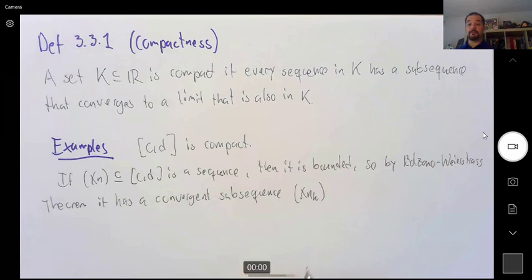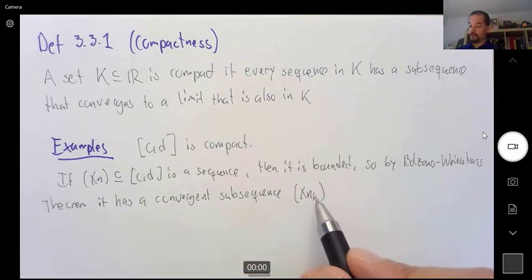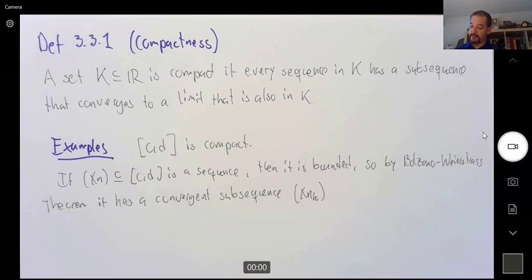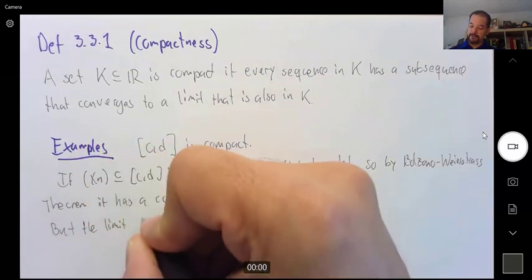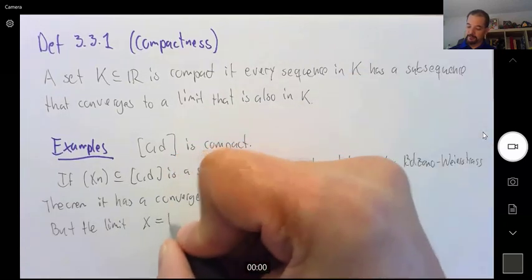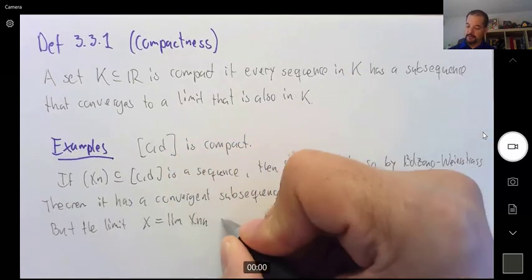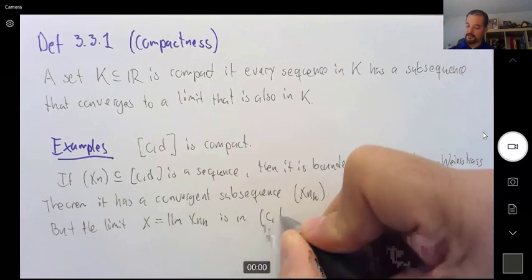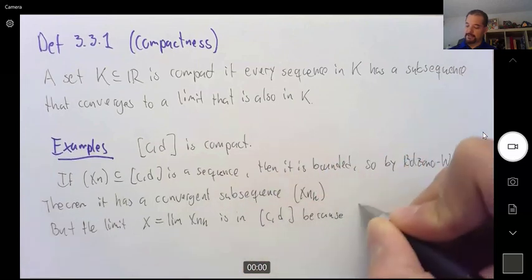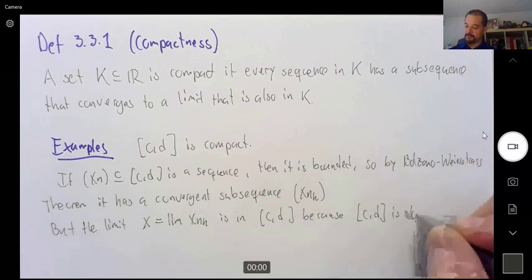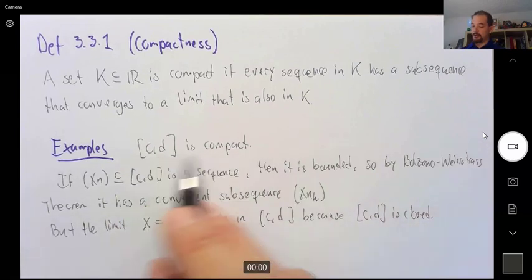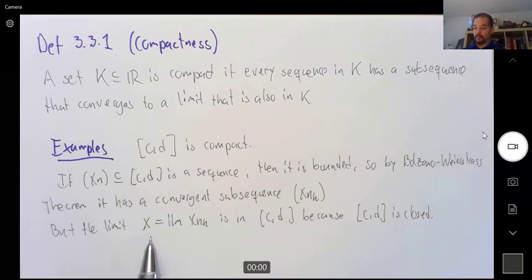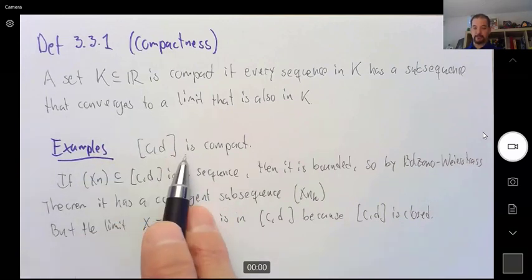And then for this convergent subsequence, the only thing we need to show is that the limit also belongs to [c,d], and that's easy. The limit x = lim x_{n_k} is in [c,d] because [c,d] is closed. Remember that a closed set contains all its limit points, and we already know this is a closed set. And because it's closed, it contains x. So that's it. That means this set is compact.